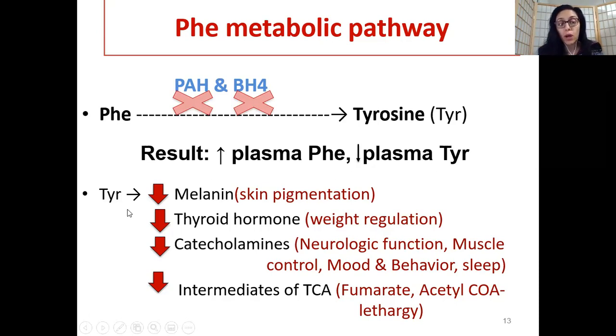When you have low tyrosine, what are the key functions of tyrosine? Tyrosine is very important for melanin synthesis, and you know melanin is the one which gives our skin coloration. So yes, you have less melanin synthesis, meaning PKU patients generally have very fair and pale looking skin. Then you have decrease in thyroid hormone.